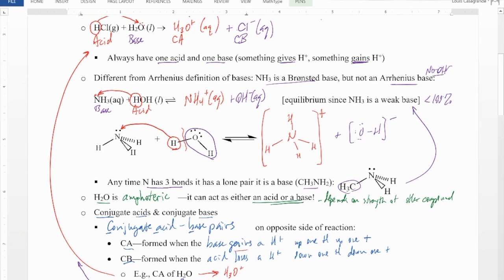So notice that in these reactions, we're going to have an acid and a base on both sides of the reaction. Now, this reaction does go 100%. This is a strong acid. I want to write 100%. And for this reason, we don't write these reactions as equilibrium.